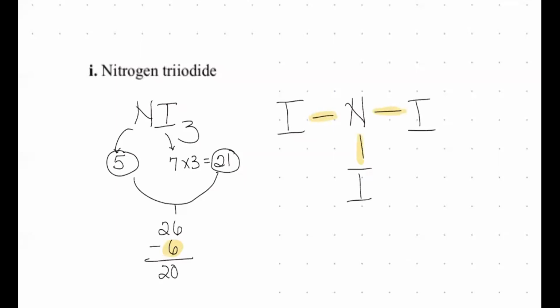Let me start completing the octets, again, of the outside atoms first. So iodine already has 2, so it needs 6. It gets 2, 4, 6. So that means that I'm subtracting 6 from 20. The other iodine also needs 6.